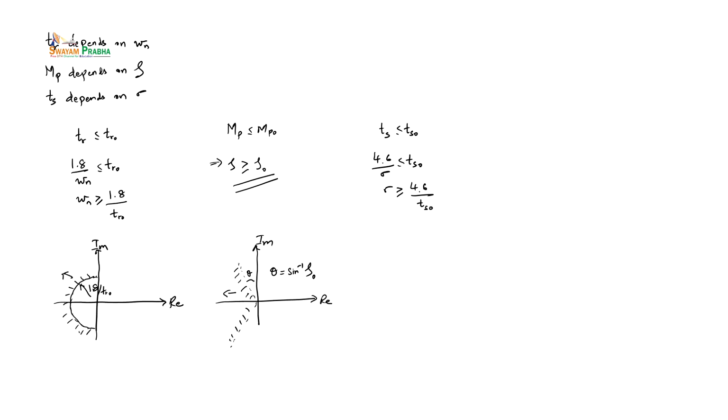So, sigma basically corresponds to the real part of the poles.